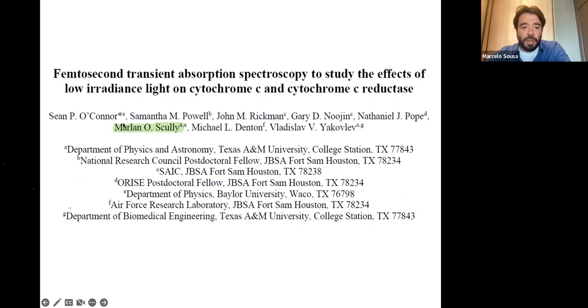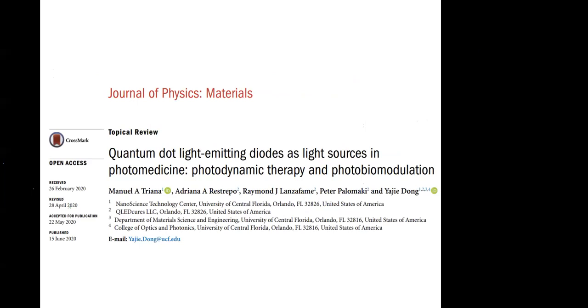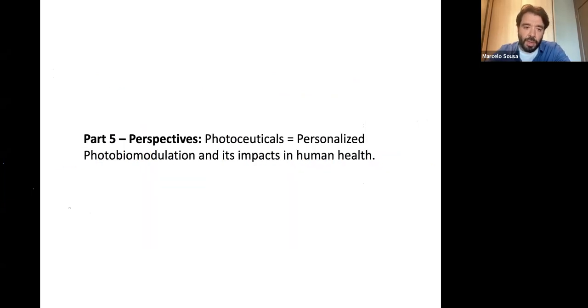It is being studied by that group too, and also Marlan Scully, who is a big name in quantum optics, is studying that type of effect in cytochrome C oxidase and the regions near it. And also, as a curiosity, quantum dots are being studied as sources for photobiomodulation too, and for photomedicine in general.